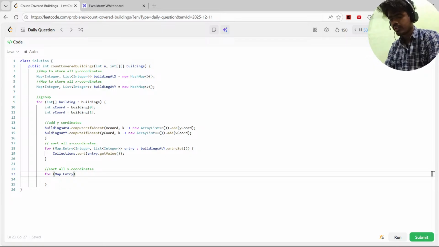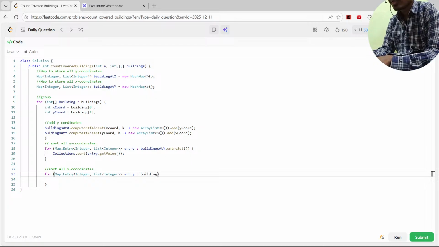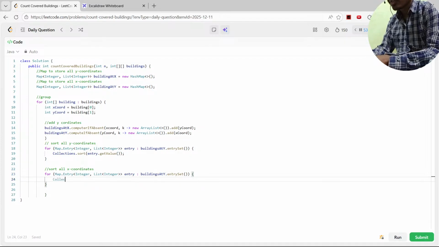Map dot tree map, integer list, entry, buildings at y, entry set, collection dot sort, entry dot get value.